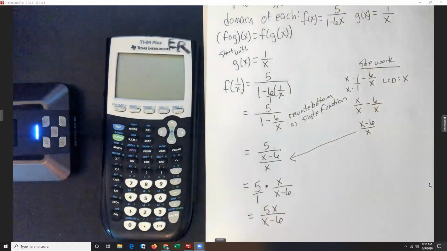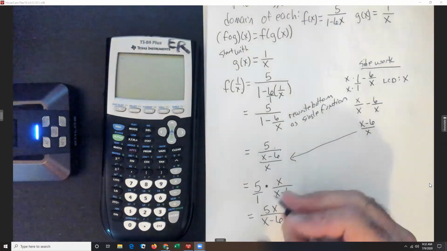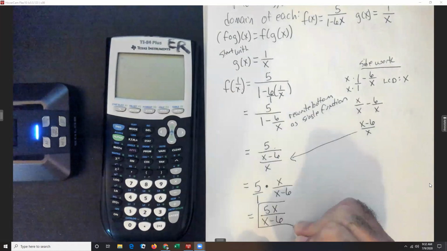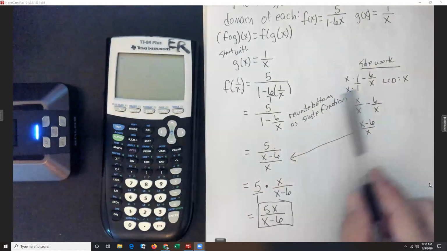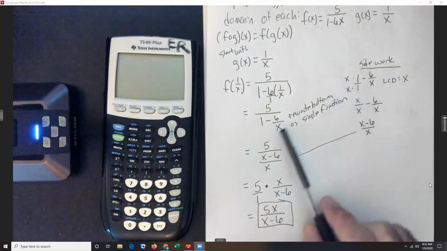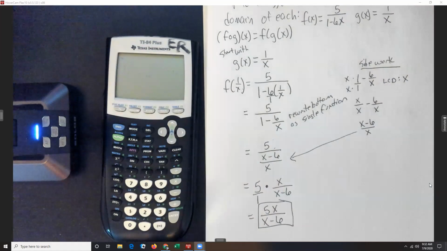This is now what we call a single fraction, and they're happy with that. So y'all, it's been a while since y'all played with this kind of stuff. This is what we call complex fractions. Y'all should have messed with them a little bit in foundations, I think.